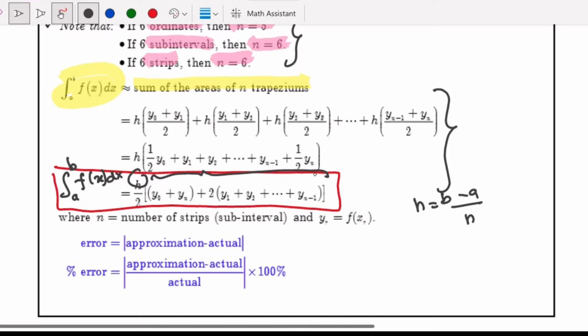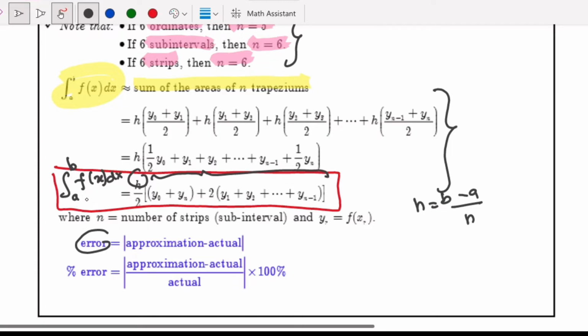And lastly, I want to explain about error. What is error? As I mentioned earlier, the sum of the areas of n trapeziums is just an approximate value for the area under a curve. It is not an actual value. So the little difference between the approximate value and the actual value, we call it error.